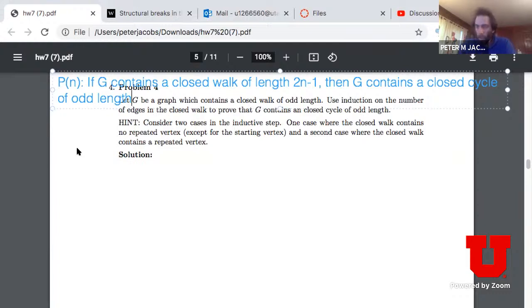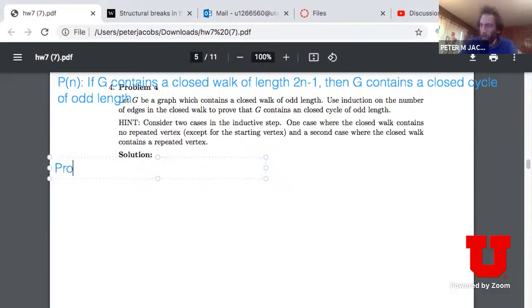Okay, so in an inductive proof, we know the recipe. We're going to start off with a base case. So let's do our base case, P of 1. Let's prove P of 1.